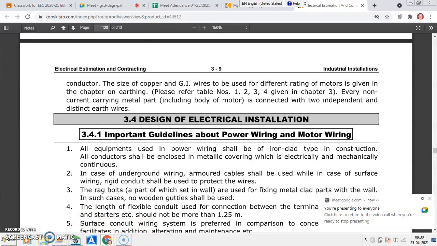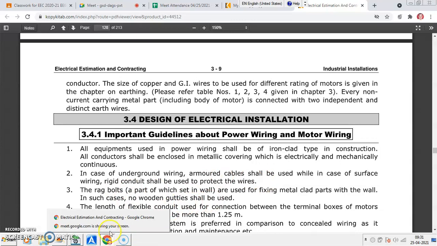So important guidelines about power wiring and motor wiring, which is the basic difference between residential and industrial wiring: all equipment used in power wiring shall be of ironclad type of construction. All conductors shall be enclosed in metallic covering or metallic conduit, which is electrically and mechanically continuous.